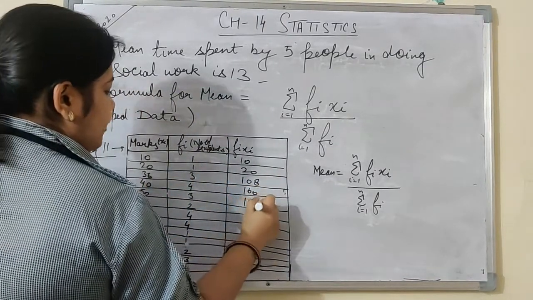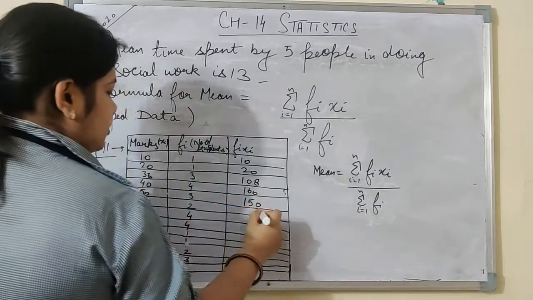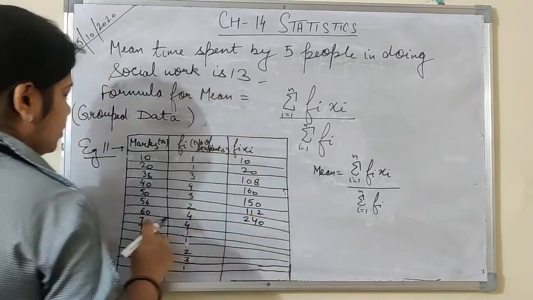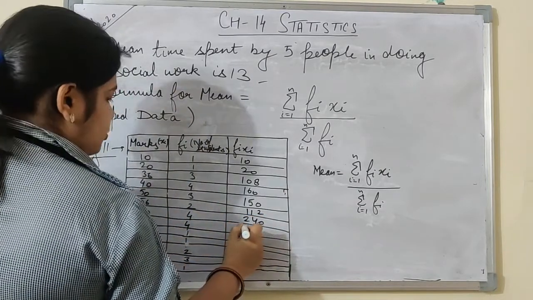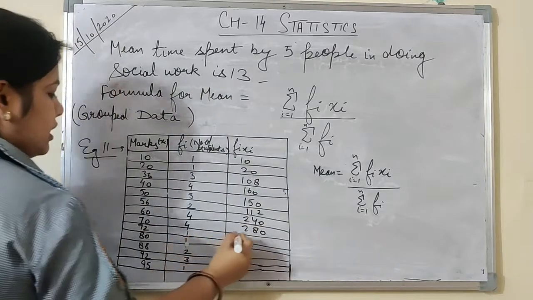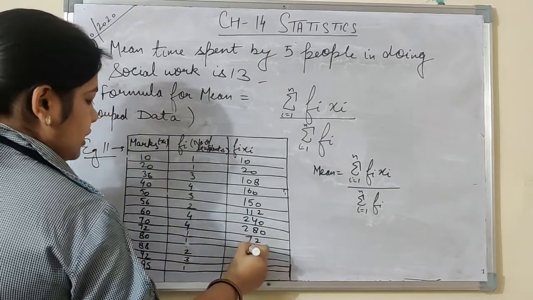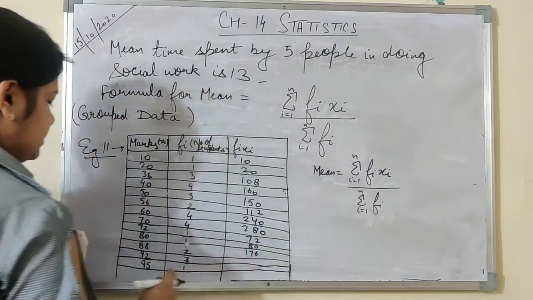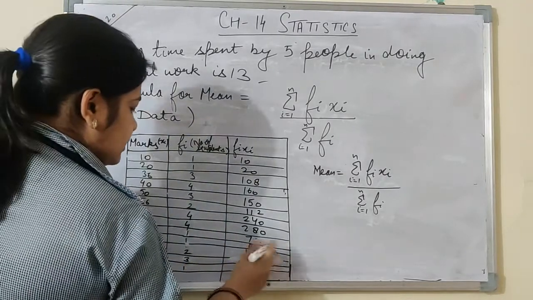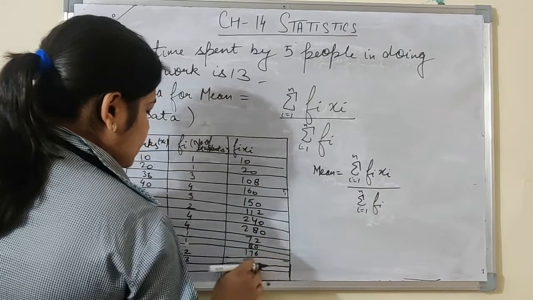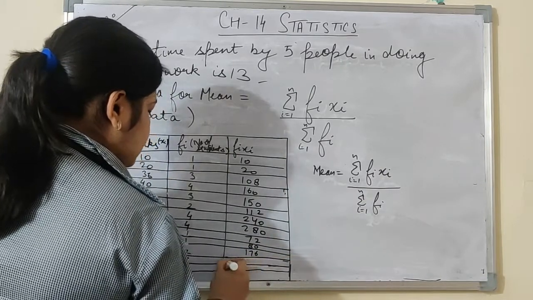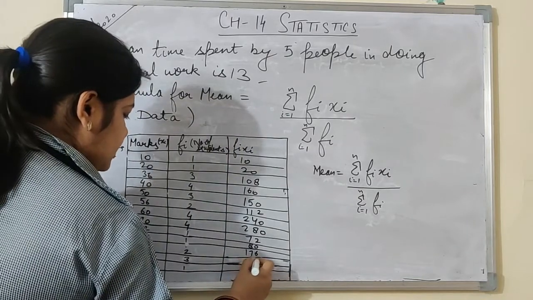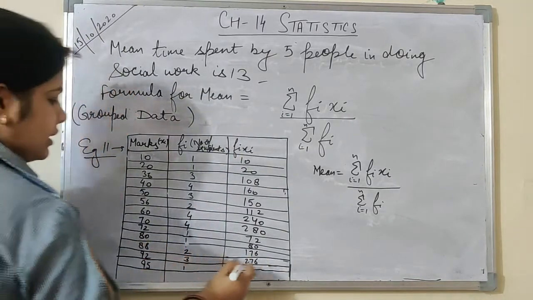Then 150. Then 112. Then 240. Then 280. Then 72. Again 80. Next is 176. Next is 276. Next is 95.